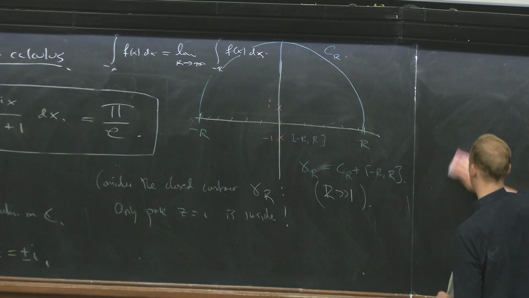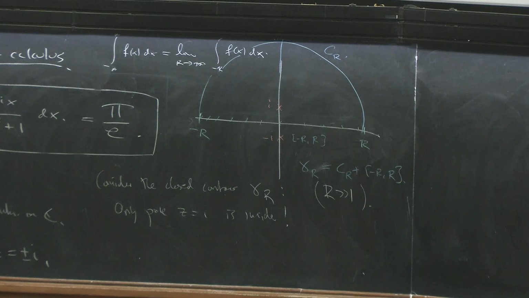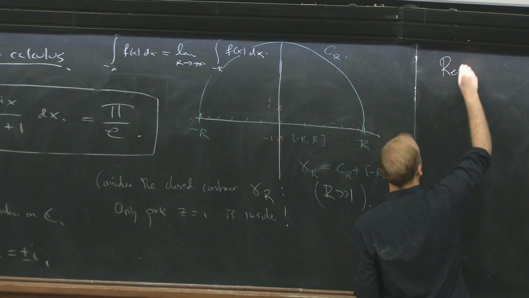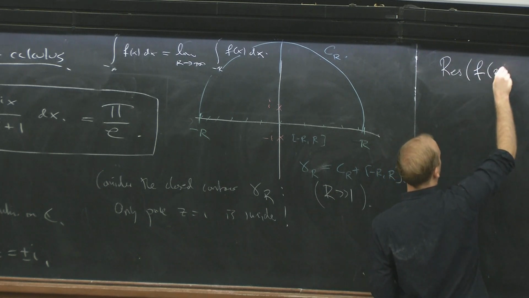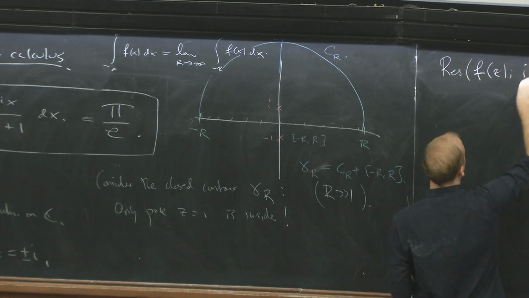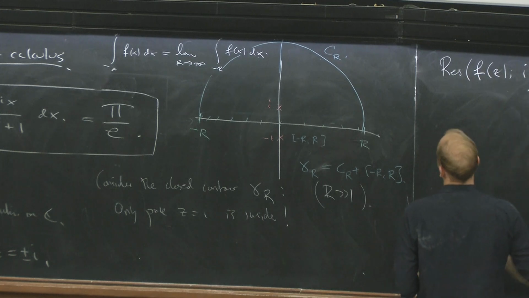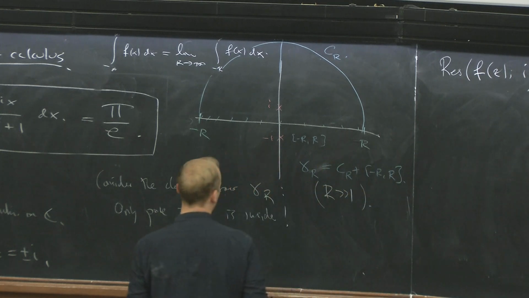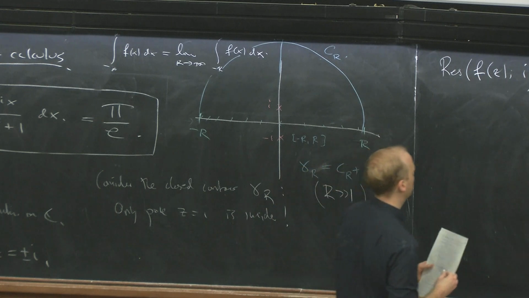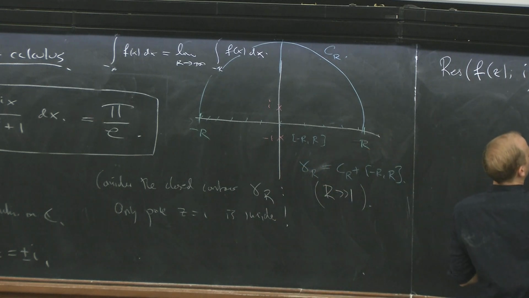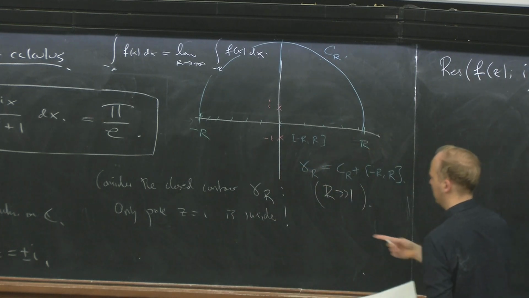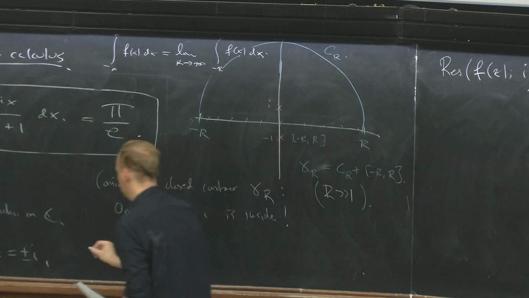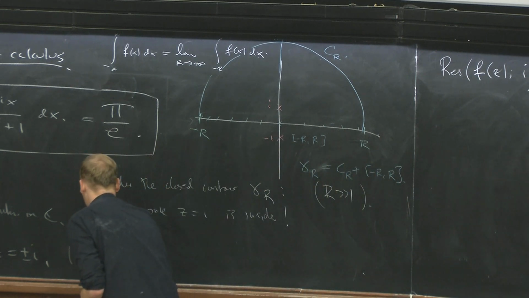And so now we just apply the residue theorem. And in order to do that, we want to know the residue of f of z at z equals i. If you remember, we saw a formula last time. By the way, this is a simple pole, right? There is no multiplicity to these poles.